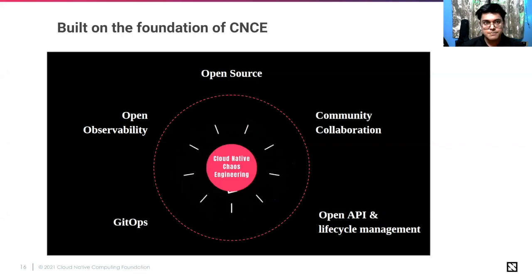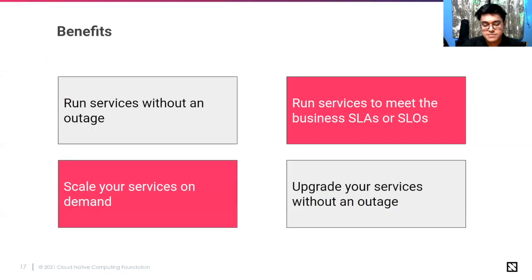Let's say some member of your team is pushing the events in GitHub, then you can go back and track the history of who pushed what, and basically Git will act as your database, and then you can also see and track everything, who is doing what. So that helps in tracking and management. So that's a brief about GitOps, and these are the five principles that we believe are very important to be a part of CNCE.